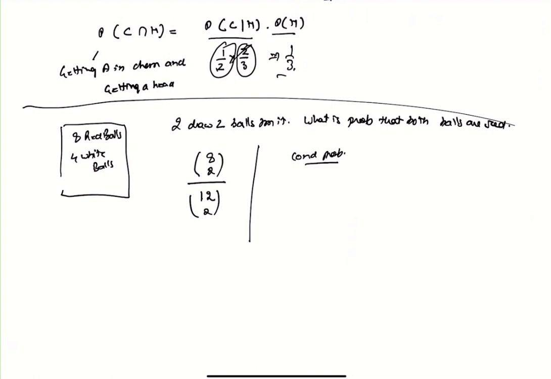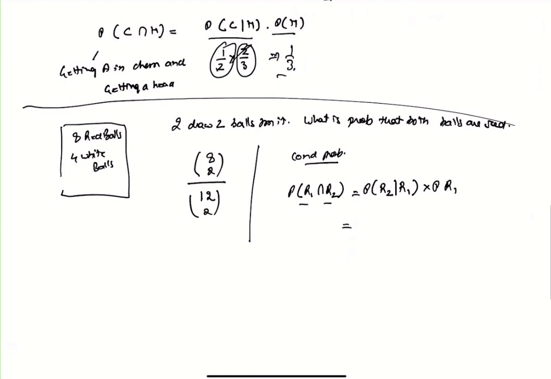The probability of R1 and R2, the first one and second one, is going to be the probability of R2 knowing that we have R1, times the probability of R1.